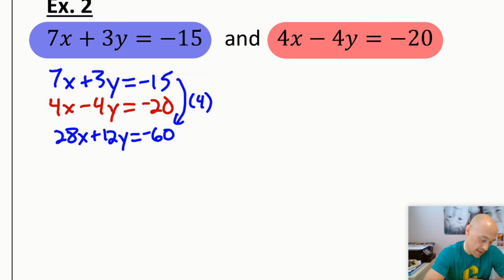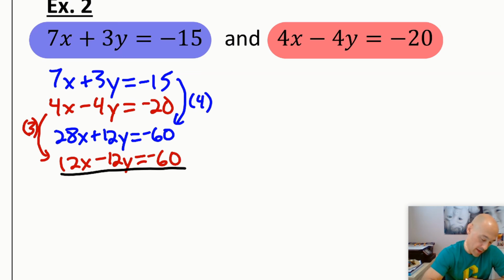In both cases, I look in front of the variable that I'm eliminating and just use that, as long as one is positive and one is negative. Sometimes you'll need to multiply by a negative number. But in this case, I don't, because one is already positive and the other one's negative. So here I'm going to multiply by 3. So I'll get 12x minus 12y, and there you see, that's what I wanted, is equal to negative 60.